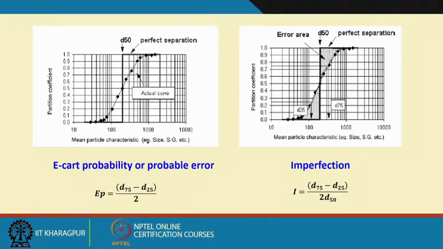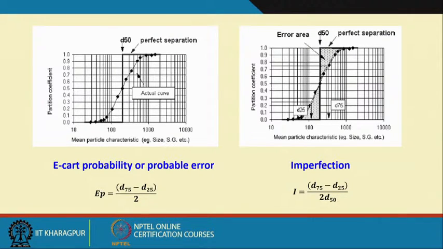Now, why should I take D75 and D25? Why not other values? If we look closely, between D25 and D75 it is not a curve, it is almost a straight line, while beyond these two values there is some deviation in the curve. So I have got a straight line. This concept has come from the slope of this straight line, but I am not getting into that detail.